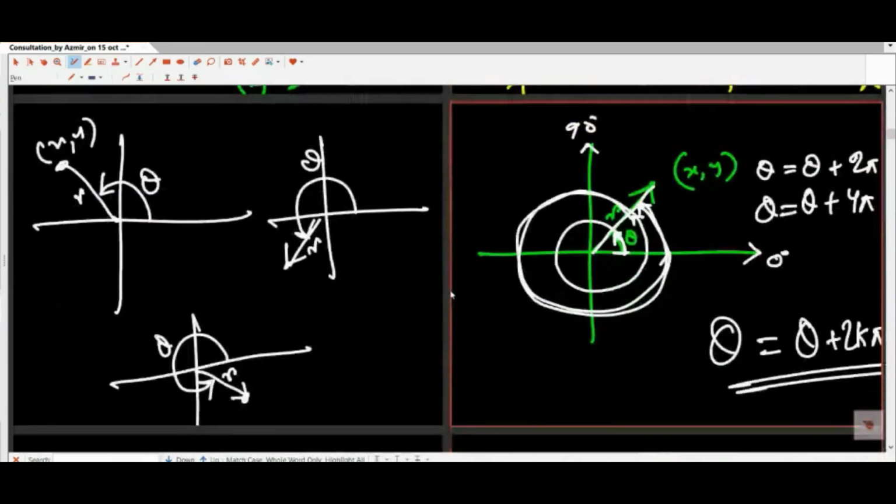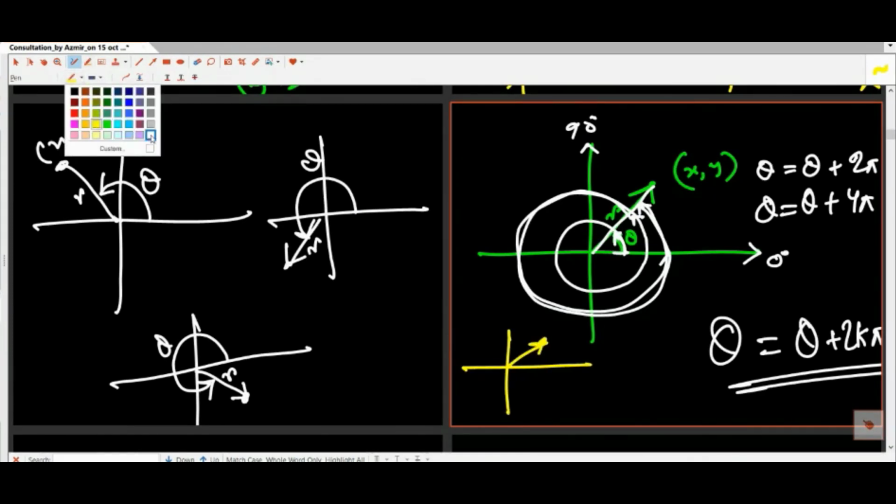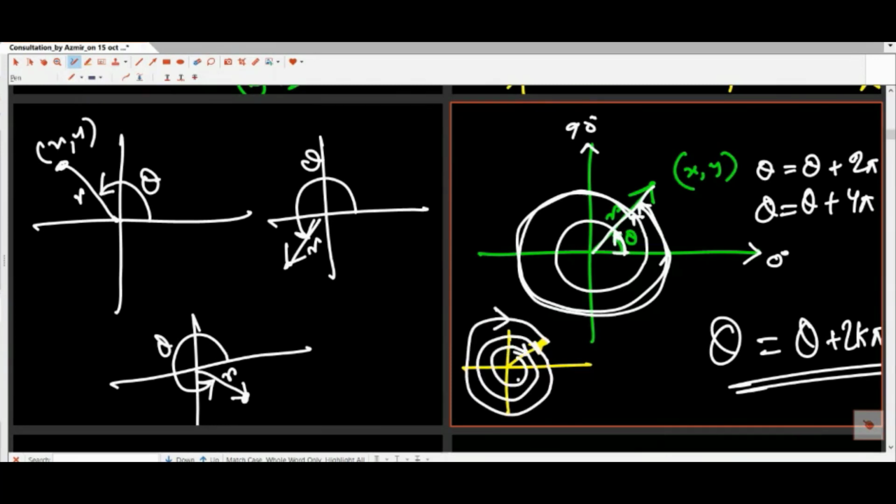Not only in this orientation, which is called the positive orientation, we can also think in the negative direction. Suppose we have a point here, so we can come from this negative orientation. Again we can think about theta minus 2 pi, theta minus 4 pi.